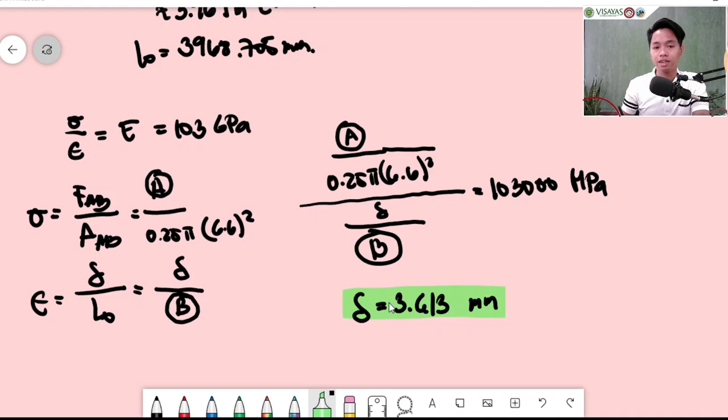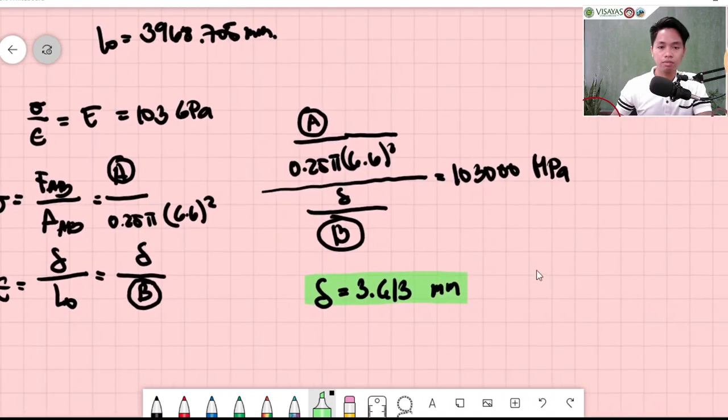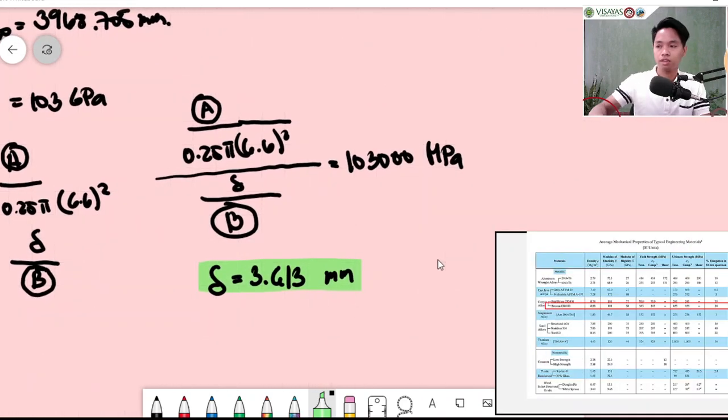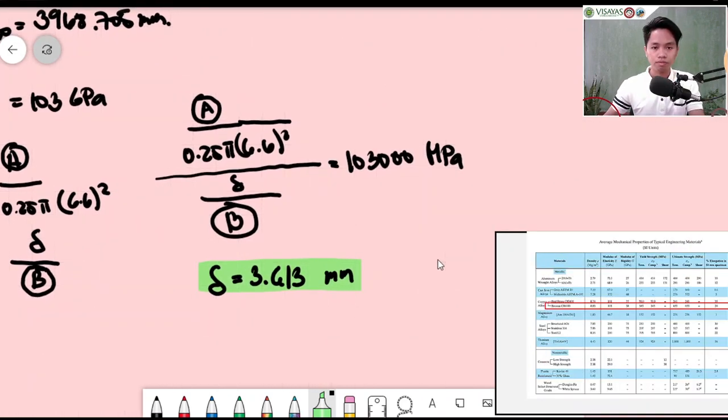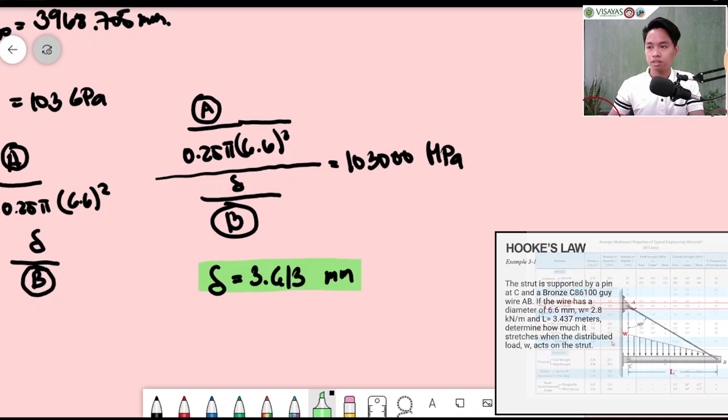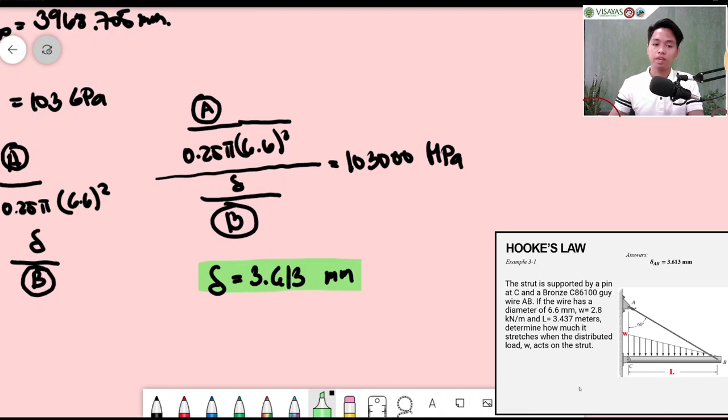Since the result is positive, it means it increased, or elongated. The wire AB elongated. Let's check if we have the correct answer. The correct answer is 3.613 millimeters. So we have the correct answer.